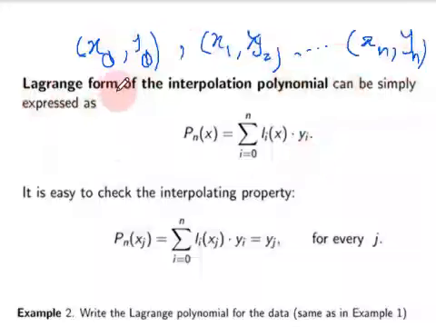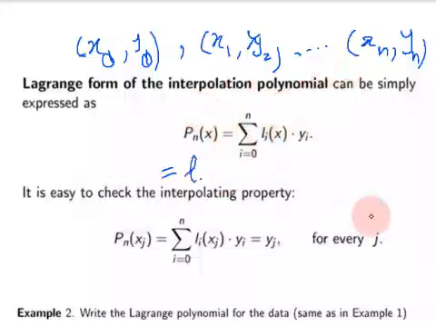The Lagrange polynomial is equal to the sum of the cardinal functions, each multiplied by its corresponding value. So we found the L_i's.